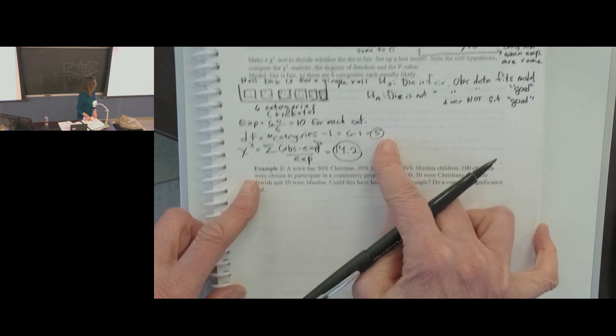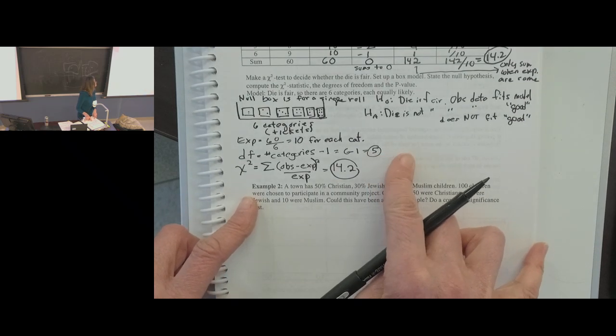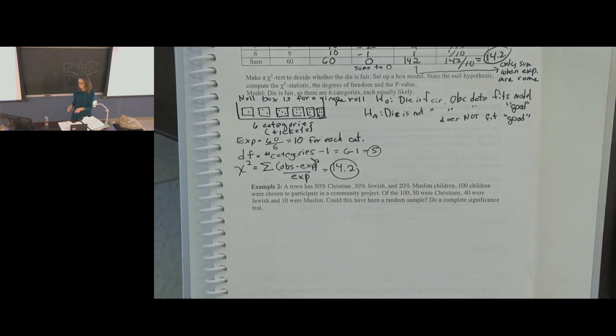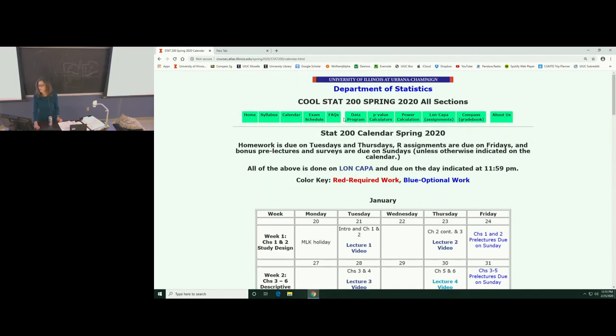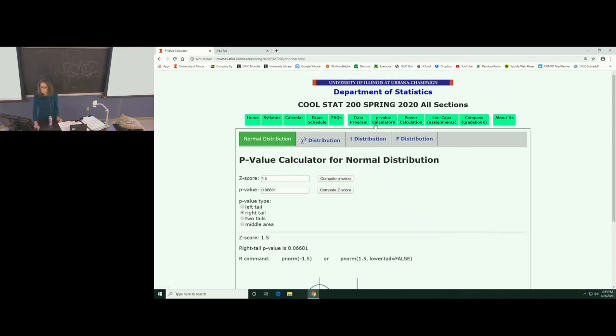For 5 degrees of freedom, what is it going to look like, the chi-squared? Let's just check it out so you get a feel for what this chi-square curve looks like, because you'll be seeing it a whole lot in all your courses probably. So we'll go to the p-value calculator.